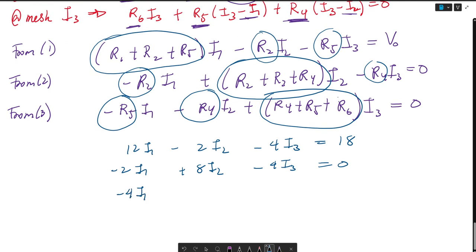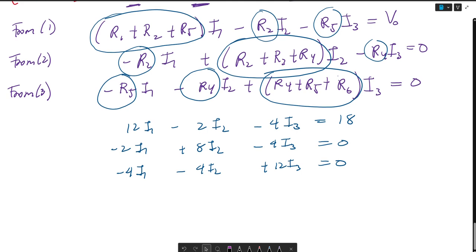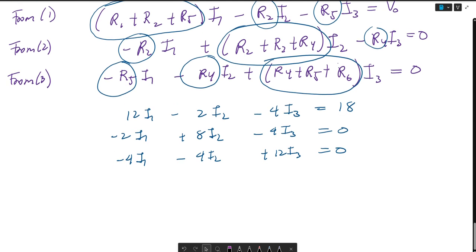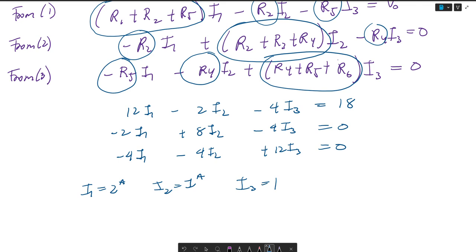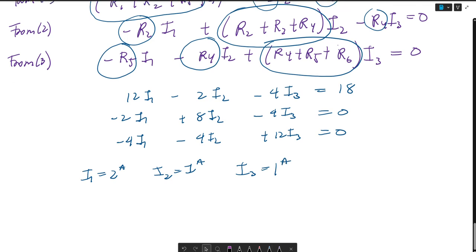And then minus 4 I1 minus 4 I2 plus 12 I3 is equal to 0. That's what happens when we plug our values in. You can use a 3 equation, 3 unknowns method, or use a calculator or an online generator, and you get I1 is equal to 2 amps, I2 is equal to 1 amp, and I3 is equal to 1 amp. That's just algebra and matrices.